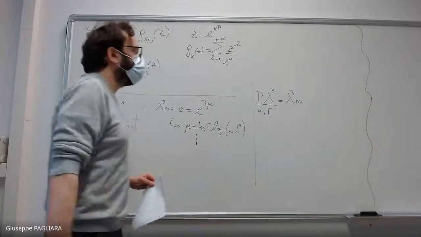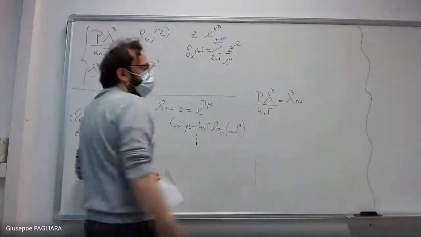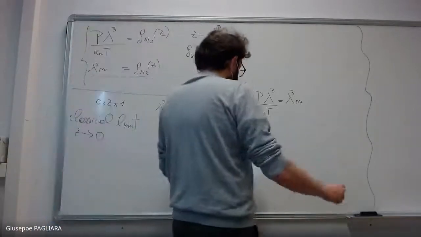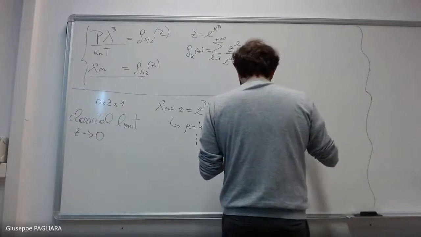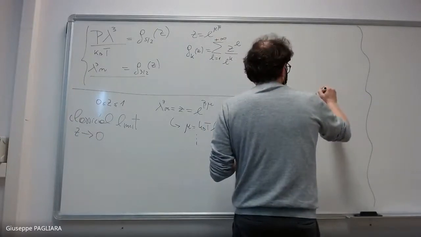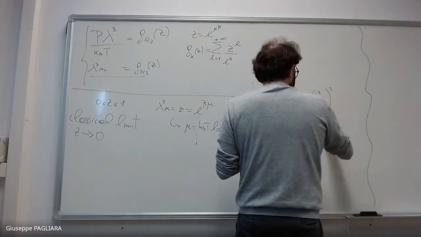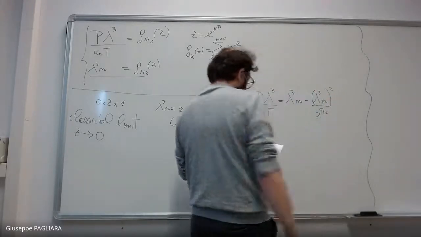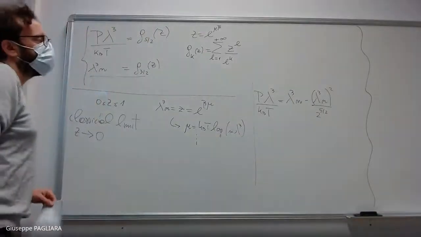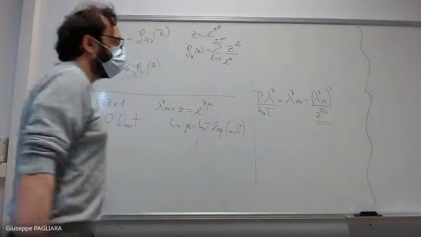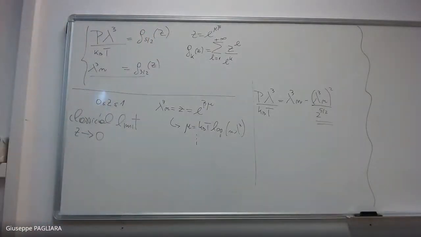Notice that if I stop here, I get just the standard ideal gas equation of state, which is P equal to density times kBT. Then there was a correction, which is lambda cubed n squared divided by 2 to the power of 5/2. This provides the correction due to the quantum nature of those particles, due to the fact that they are bosons and the wave function is symmetric.